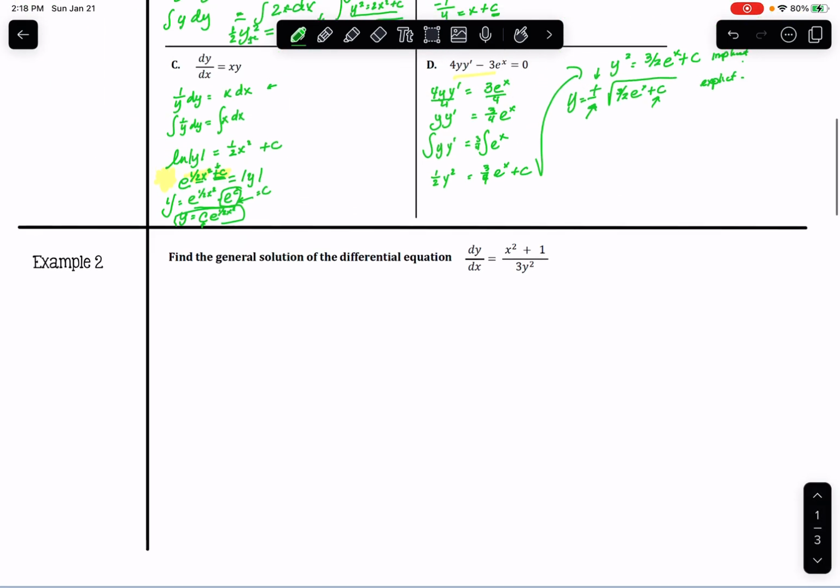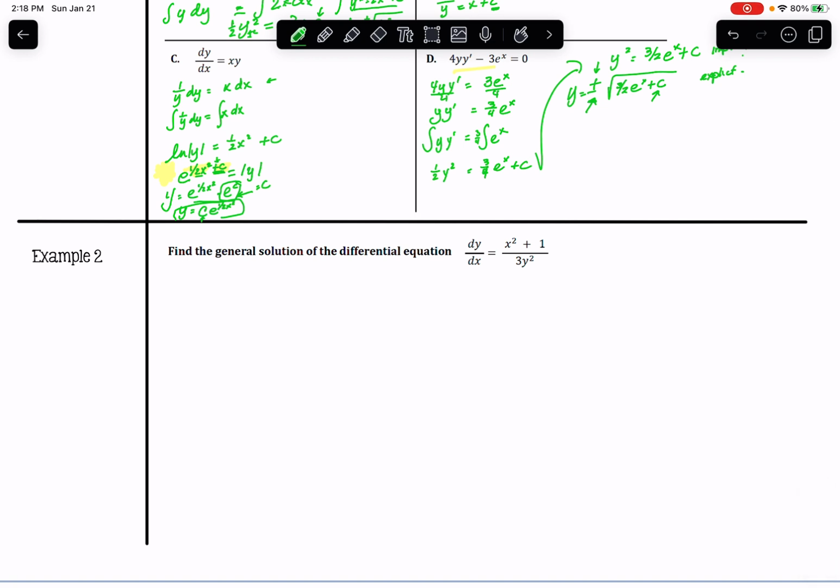Okay, so now it says find the general solution, which is the same wording, it's just a different way. Find the general solution of the differential equation, and we're going to use separation of variables to do this. So I'm going to say 3y squared dy is equal to x squared plus 1 dx.